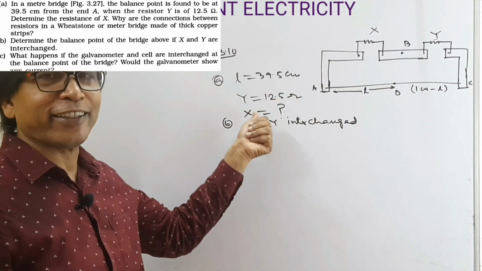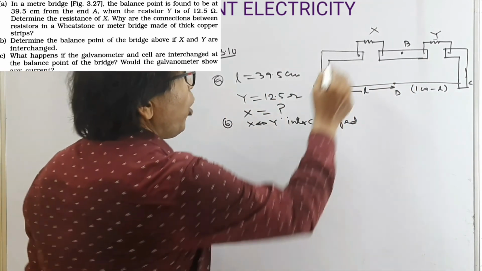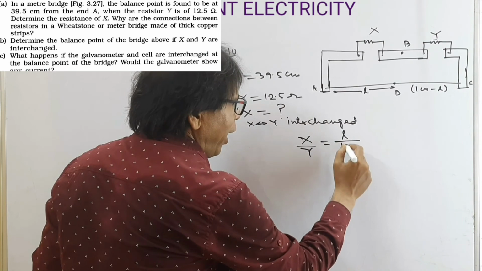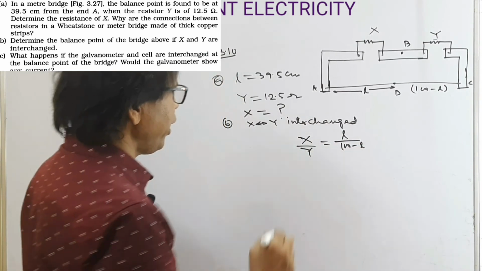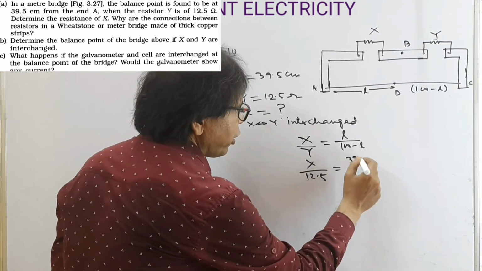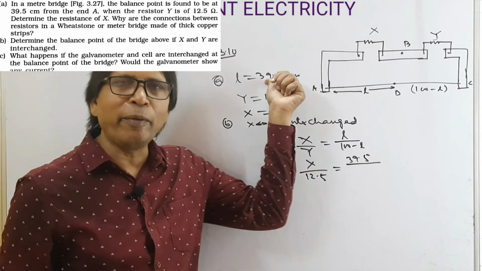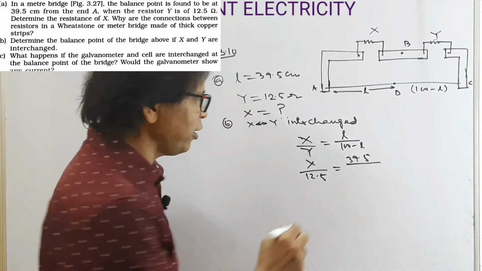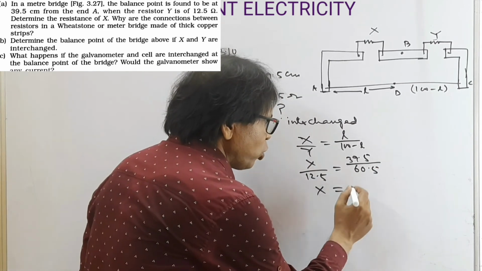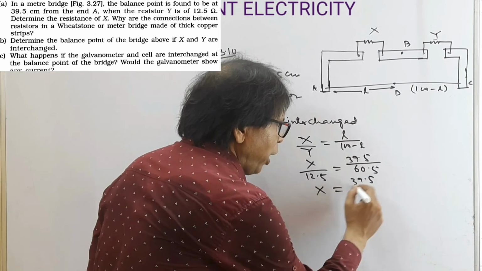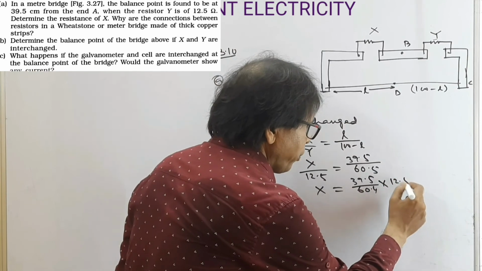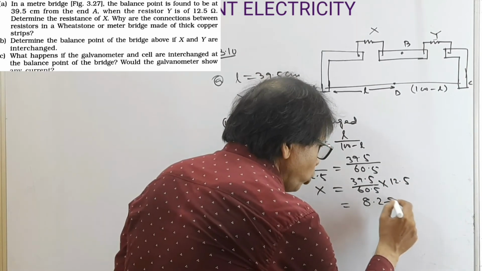We have to calculate X. From this condition, X by Y is equal to L by 100 minus L. Here X is unknown, Y equals 12.5, and this is 39.5 and 100 minus 39.5, that is 60.5. So X equals 39.5 by 60.5 into 12.5, which is almost 8.2.